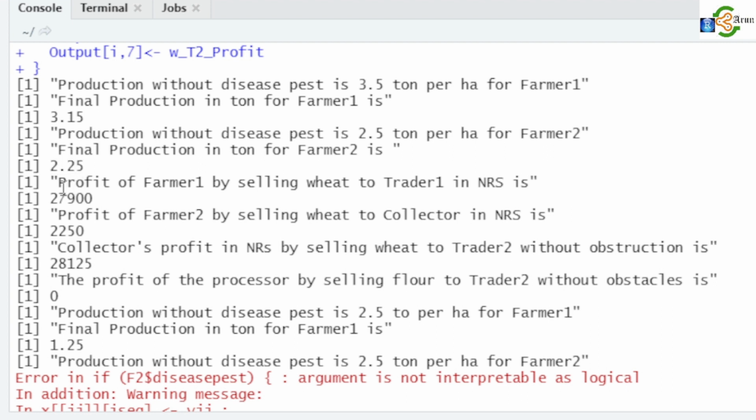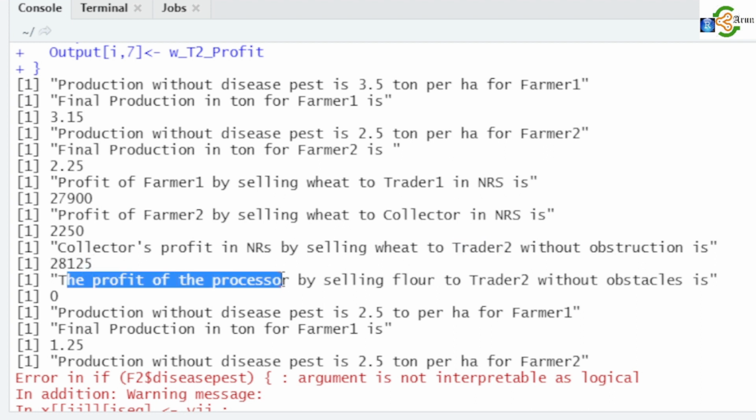The profit generated by farmer 1 by selling to trader 1 is 27,900 rupees, and the profit of farmer 2 selling to the collectors is 2,250 rupees, and the profit of collectors by selling to trader 2 is 28,125.